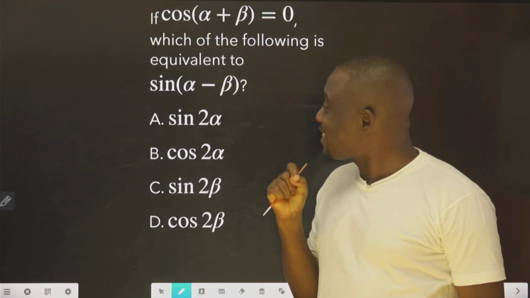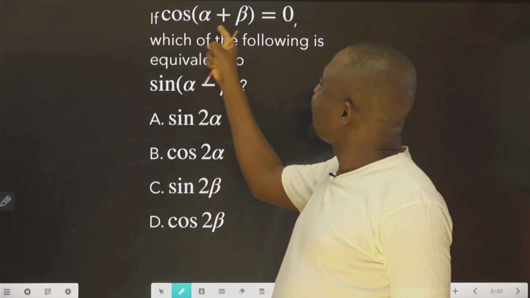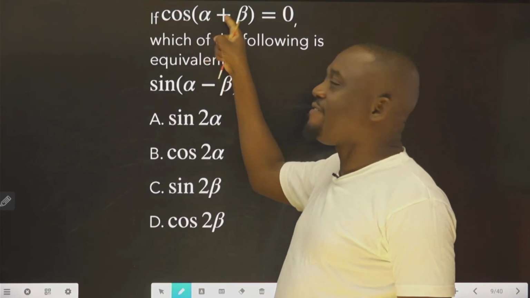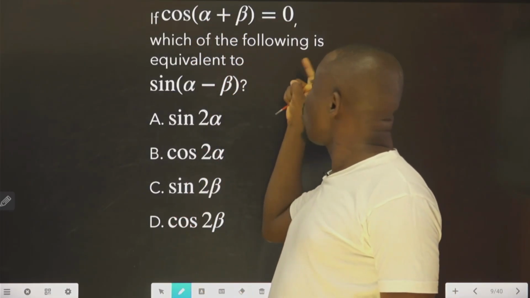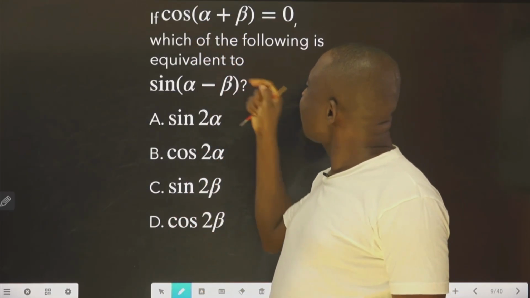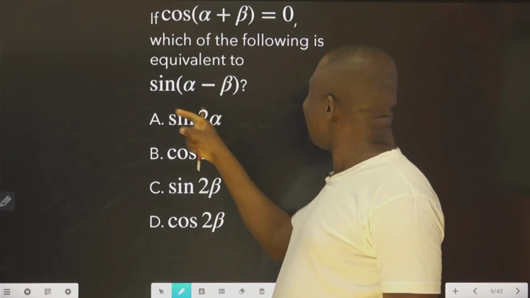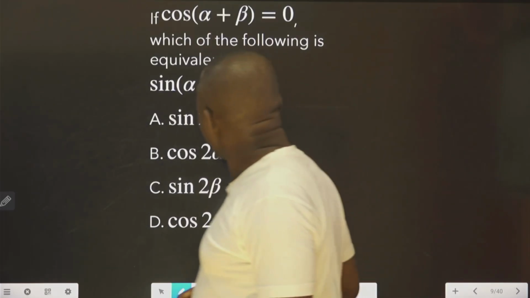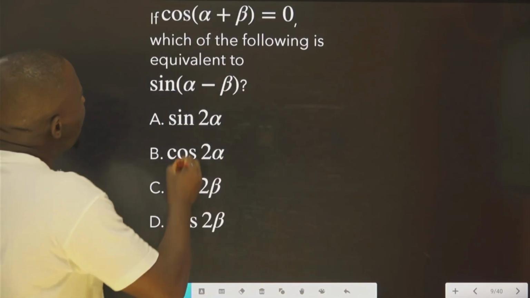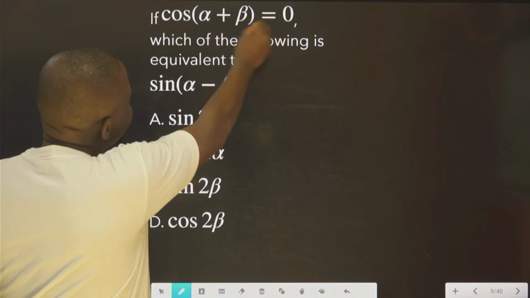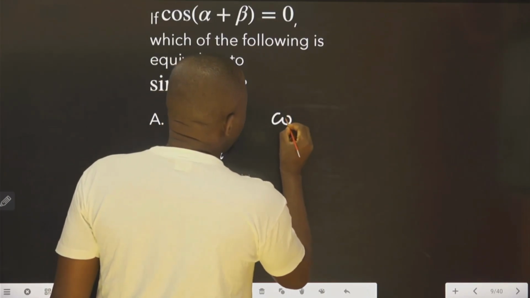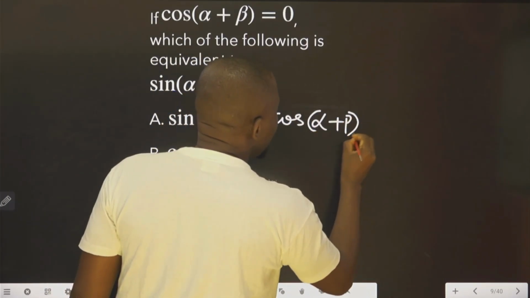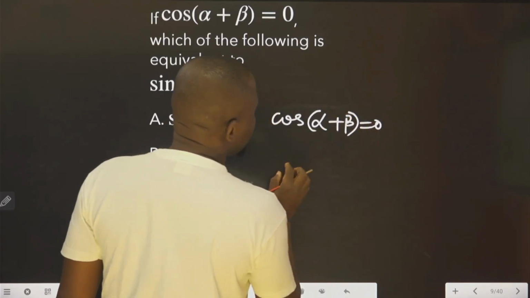Let's look at this. It says, if this compound angle, the cos of alpha plus beta, is equal to 0, which of the following is equivalent to this? Step by step, okay? Let's see. First of all, we come for this. It says cos alpha plus beta is equal to 0.